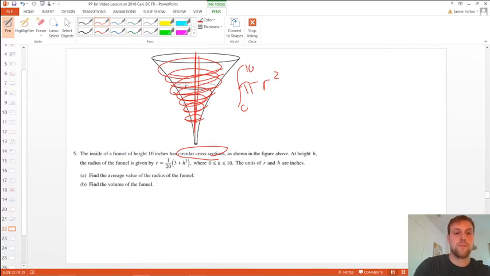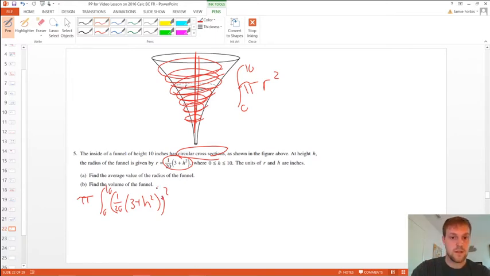So the volume is going to be pi integral 0 to 10 of r squared, which is that quantity, 1 over 20 times 3 plus h squared, quantity squared, dh.